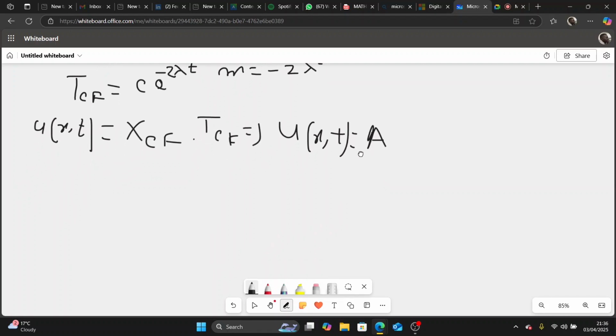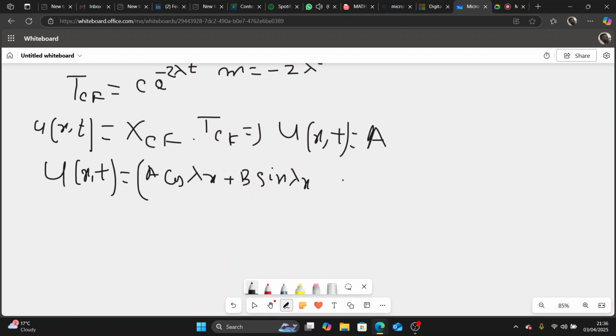Now let me write it down here so that I can keep it. X t is equal to a cos lambda x plus b sine lambda x, everything multiplied by c exponential minus 2 lambda time.